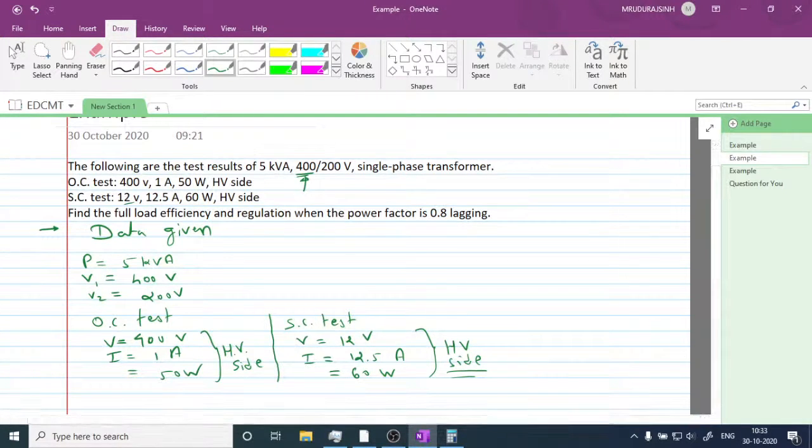And now we'll find out full load efficiency. So we will write over here data to find. What we need to find?